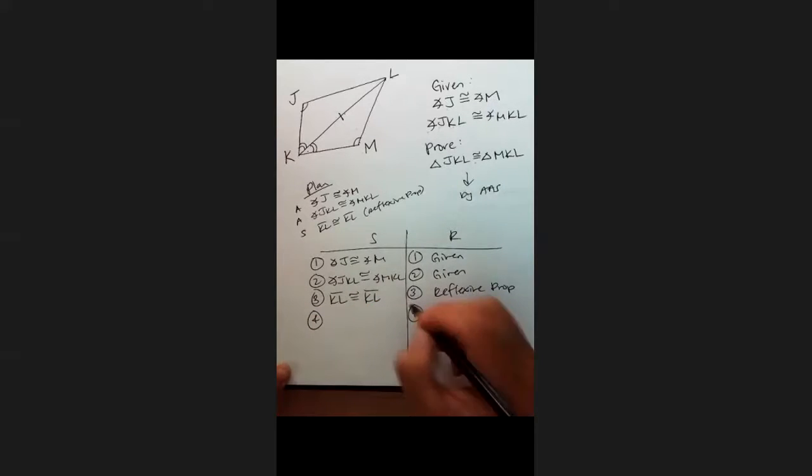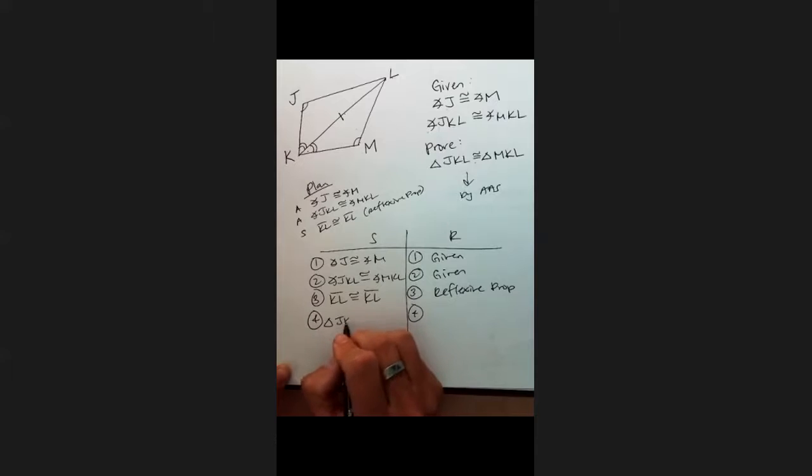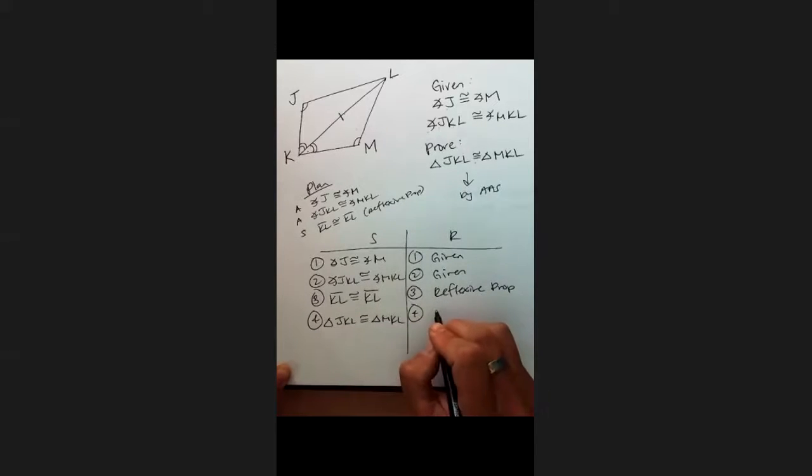And finally, we were able to prove that triangle JKL was indeed congruent to triangle MKL due to angle, angle, side. Once again, remember it's angle, angle, side because it is in that order from our picture.